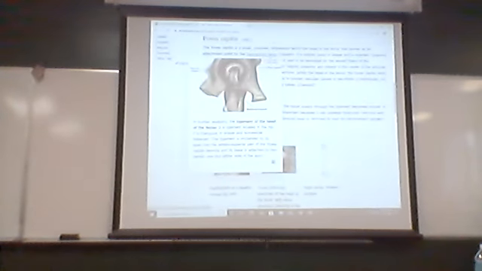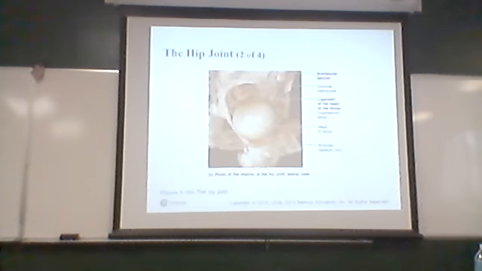Yep, the ligament of teres they were talking about, right here.